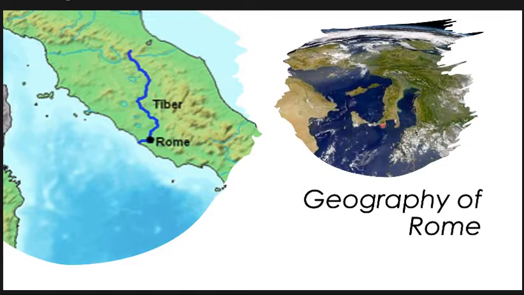And as you can see, it's like a lady's boot. It has a heel on it. It's even kicking this island here called Sicily. So this is Italy today. And Rome is located about right there where that red pointer is, on the western coast of Italy.